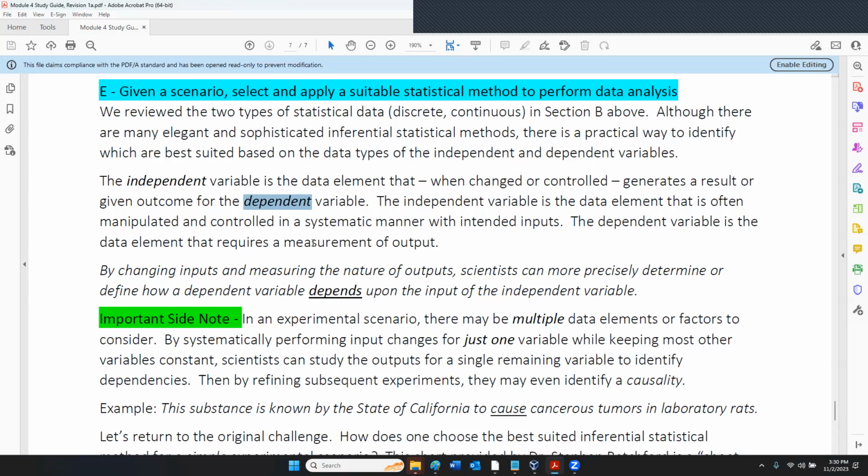So we just want to be very clear about what those two terms mean. Remember that the word variable is synonymous with the term data element. Does anyone have any questions or comments about those two terms yet?